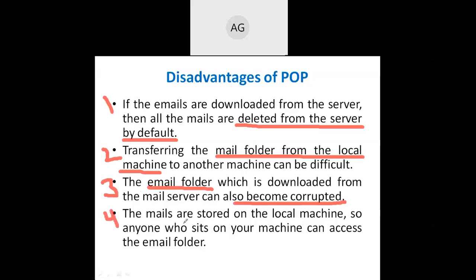The next point is the mails are stored on the local machine, so anyone who sits at your machine can access the email folder. That point is also related to the security of the email folder. So these are the important disadvantages which need to be considered by the user while using the POP protocol.